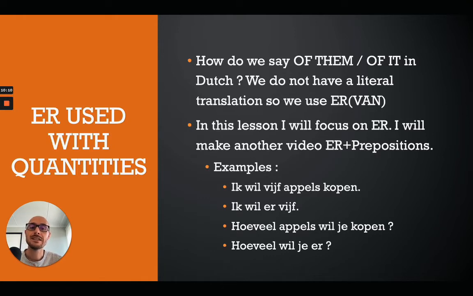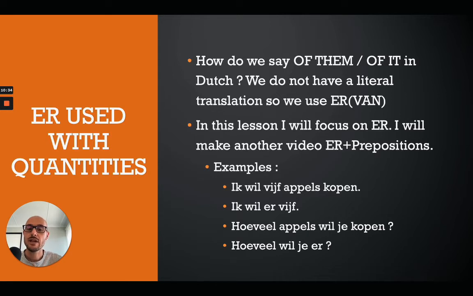So in this lesson, again, I'll focus on 'er'. You'll see that I've written 'van', that will be 'thereof', but I will not focus on 'er' plus prepositions. If you want to learn more about 'er' plus prepositions, stay tuned, because there's already another video in the pipeline about this grammatical issue.